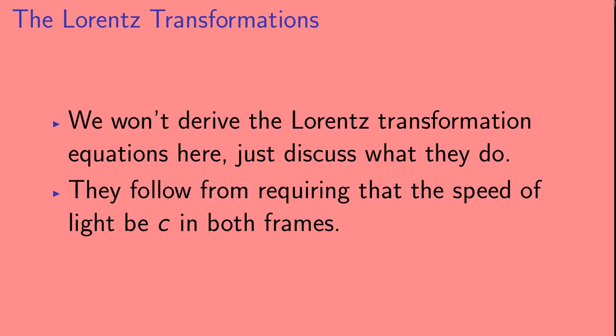We're not going to derive the Lorentz transformation equations here, but instead just discuss what they do. They can be derived from requiring that the speed of light be the constant c in both frames.